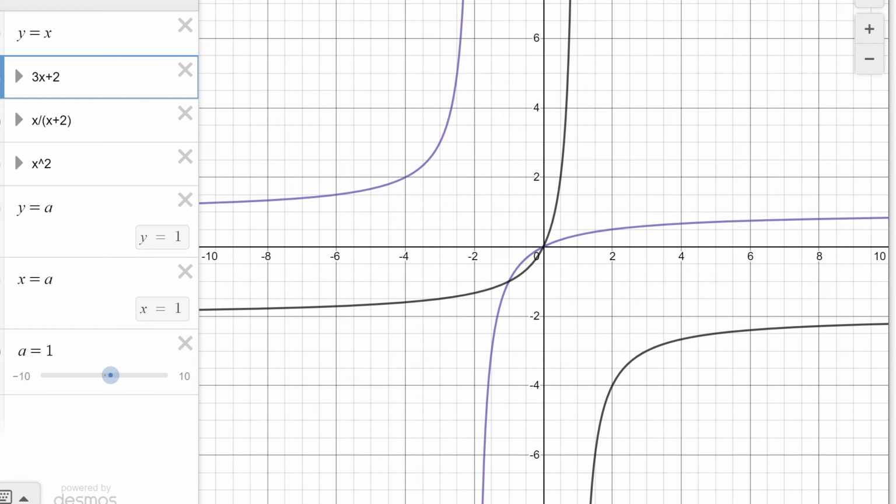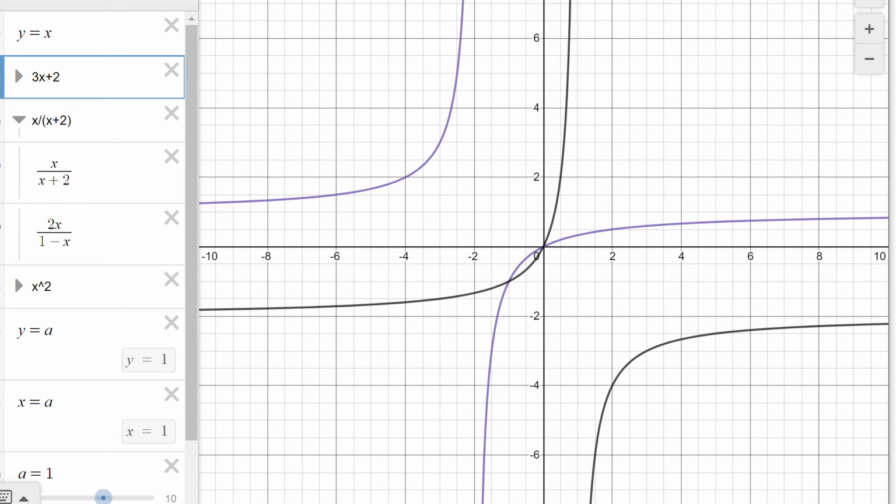These are the two that we did next. We had x divided by the quantity x plus 2, and then 2x divided by the quantity 1 minus x, and these were inverse functions of each other. There's a test you can do to make sure you did it right when you're calculating an inverse function, and we'll talk about that in a second.